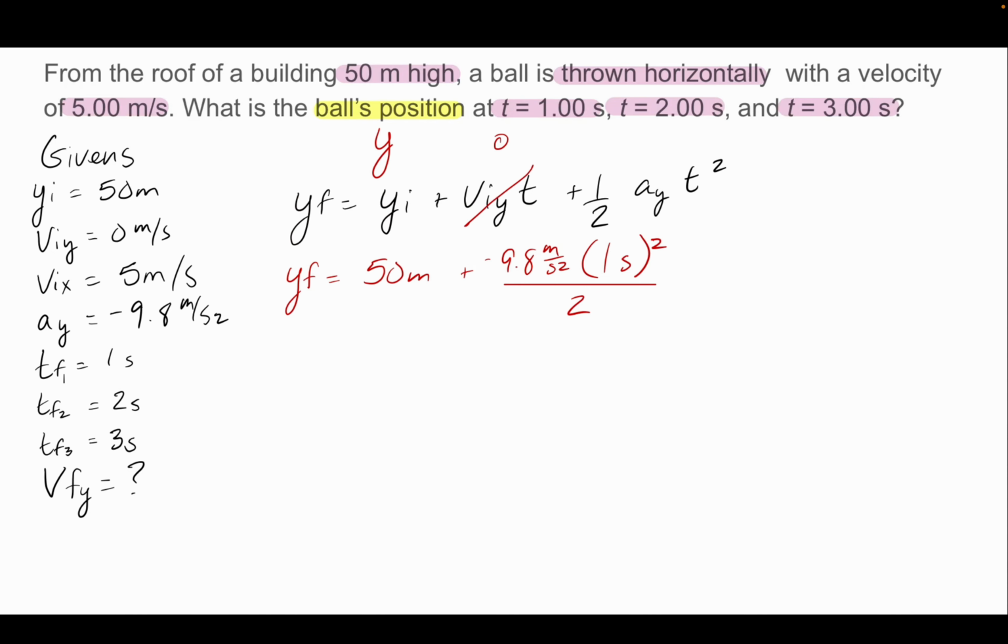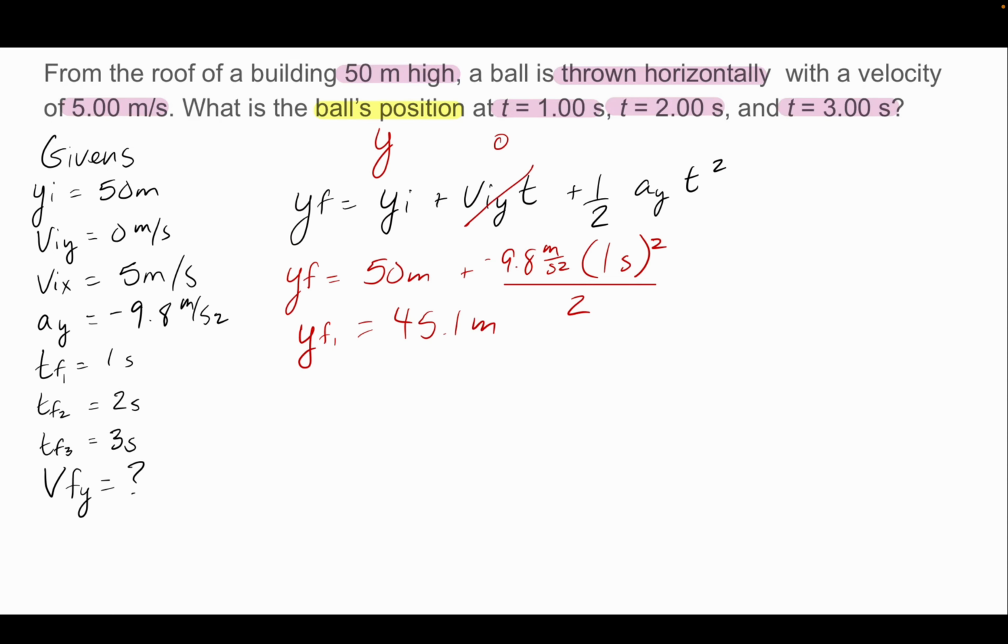At t equals 1 second, my first y final is going to be 45.1 meters. You can do the second, the third, and the fourth, right?